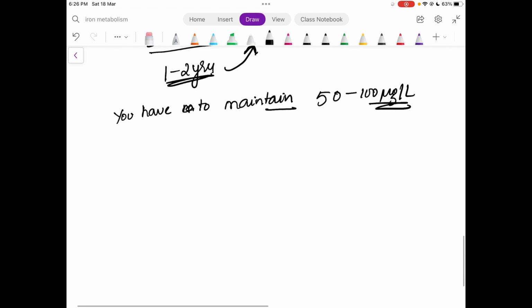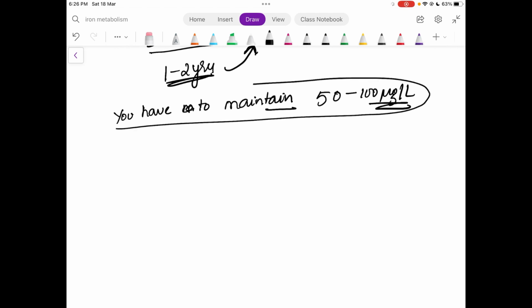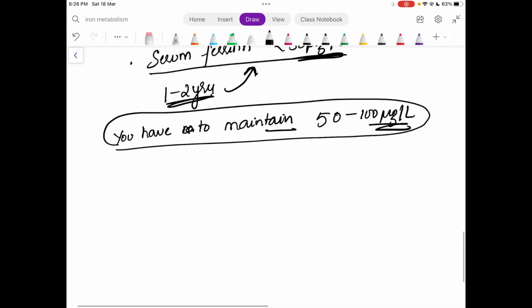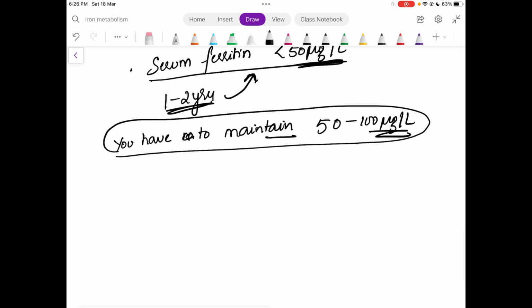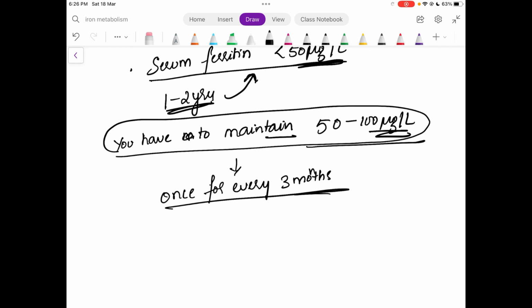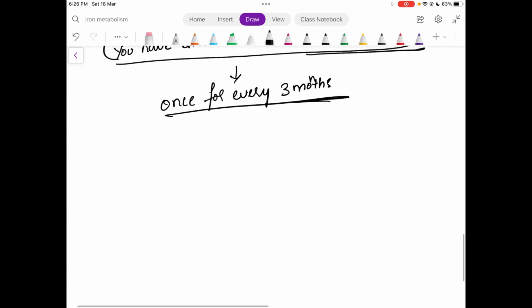If you are maintaining it in this range, then you can do one phlebotomy every 3 months, and maintain serum ferritin in the range of 50 to 100.